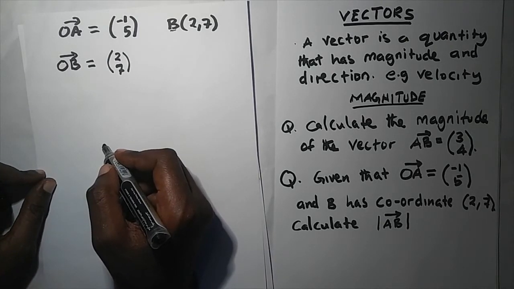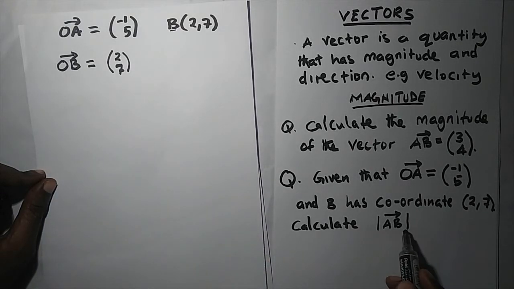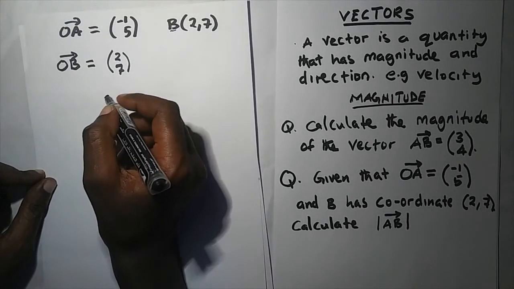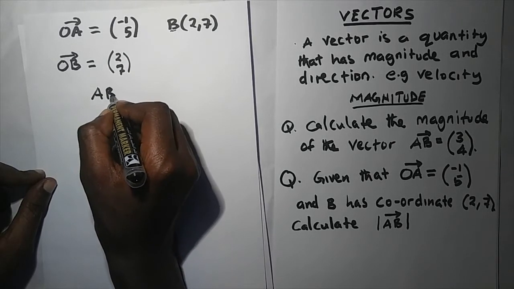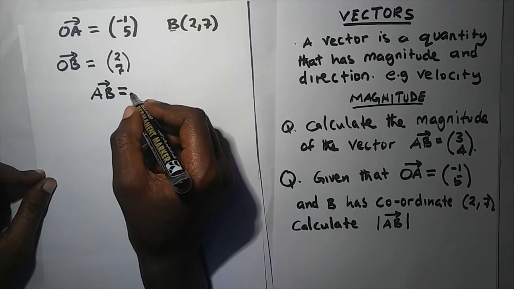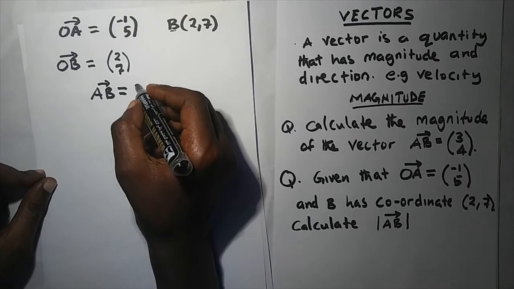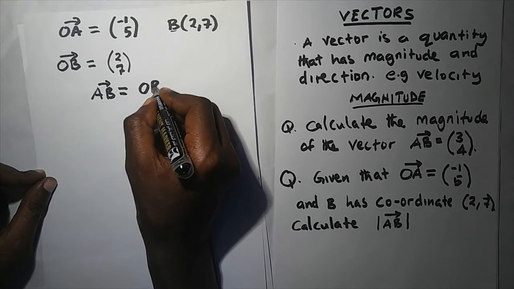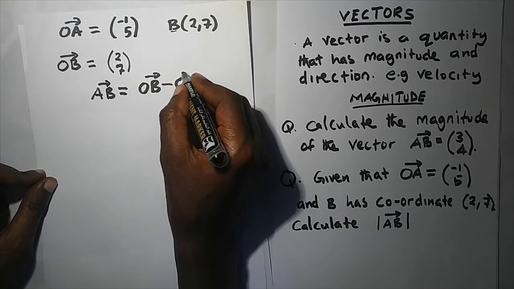So the first thing that we do in this question is to find the vector AB. And so the vector AB is found by this formula. AB is equal to OB minus OA.